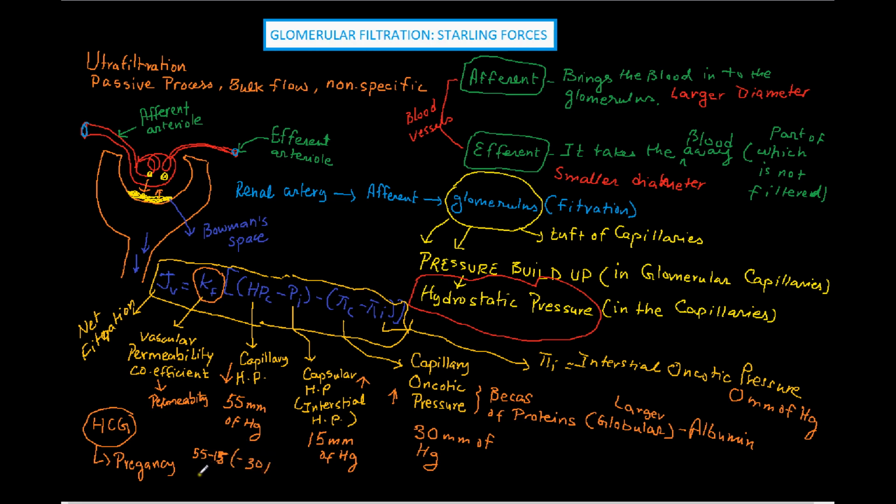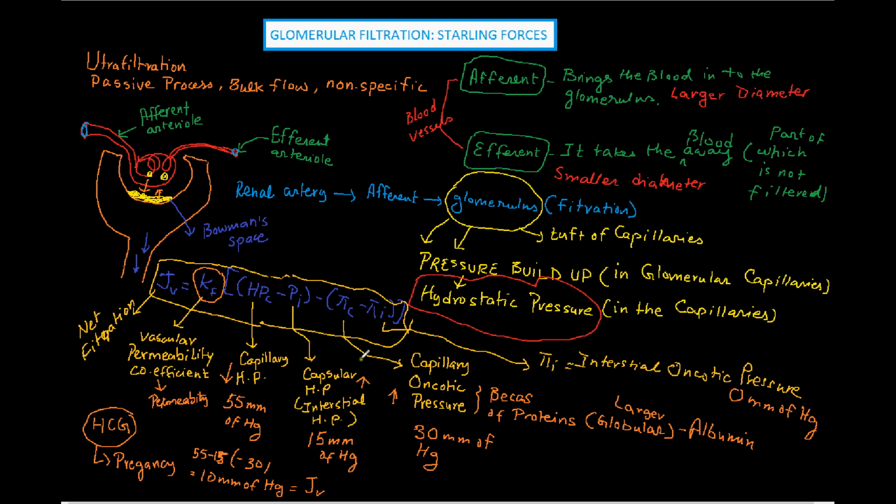So that comes to about 10 millimeter of mercury. That's our net filtration. That's the filtrate. Okay, so that's how you calculate.